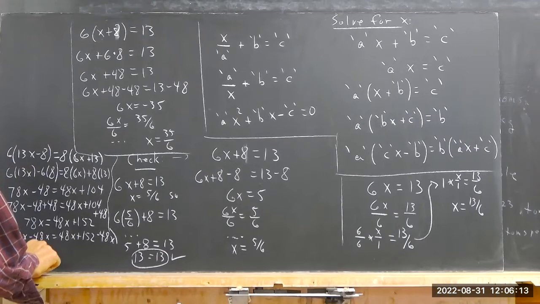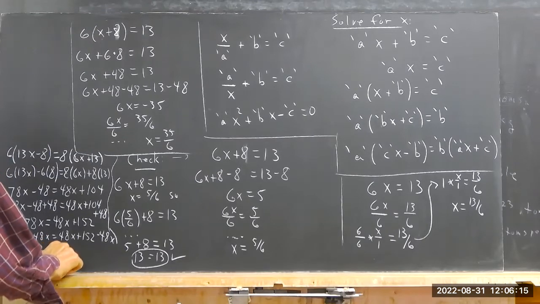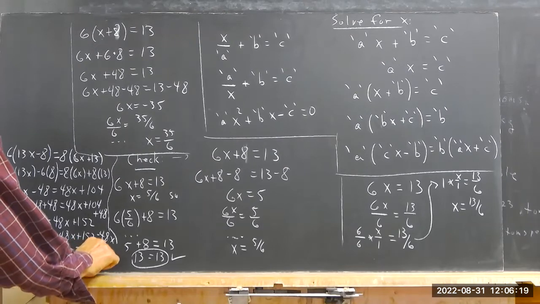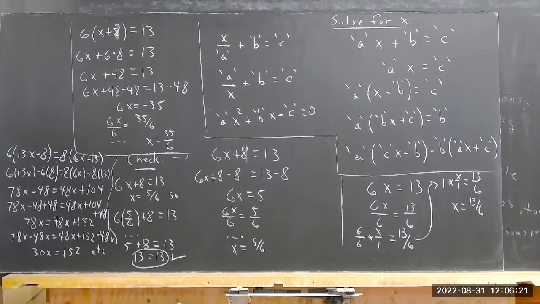And I get 30x equals 152. Then divide by 30 to get the answer. Okay. So there's the idea.